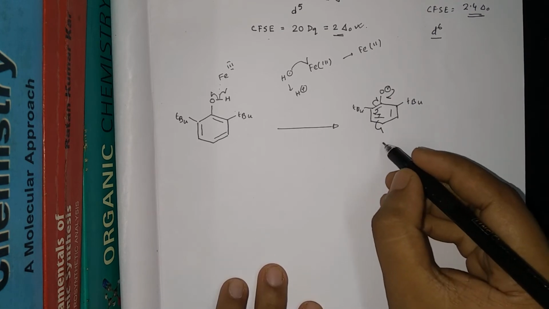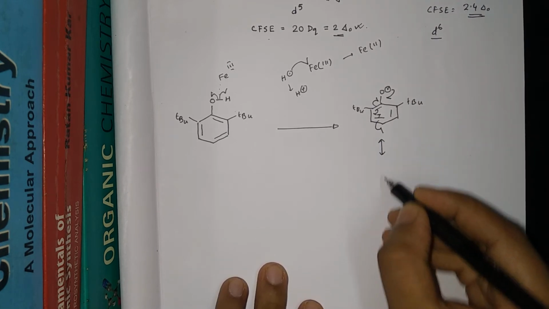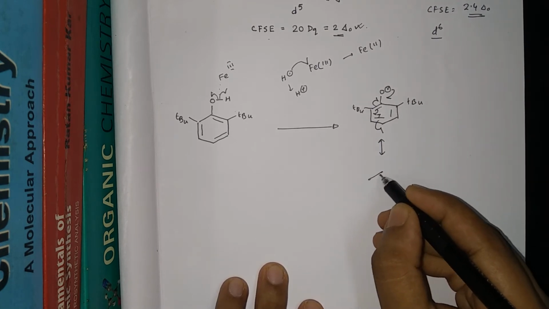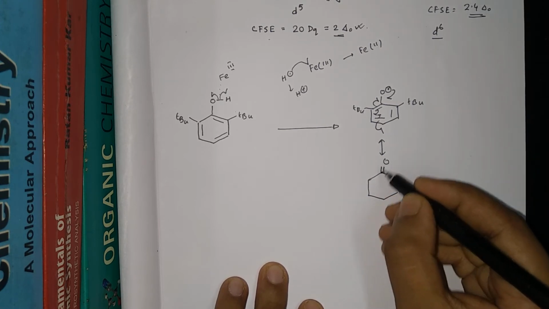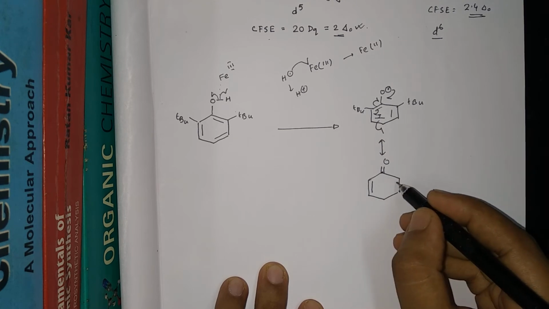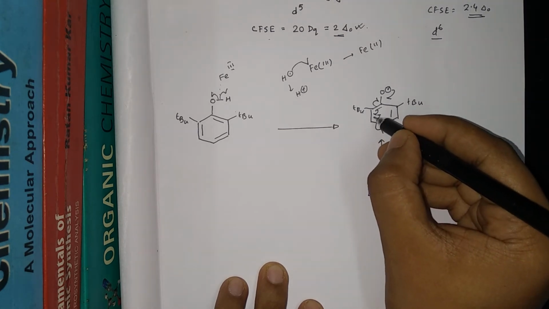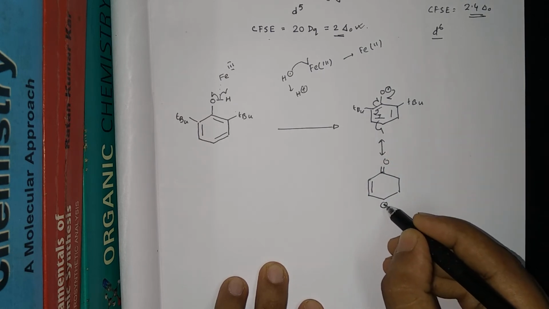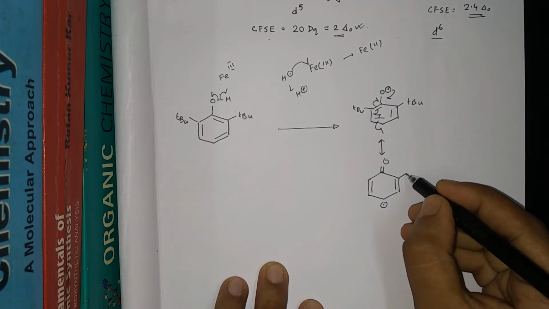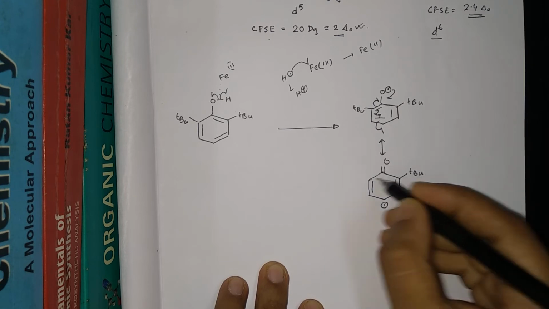So this resonance is possible. In this resonance, a double bond to O will form here. The double bond will come here because this electron comes, and one more electron will come here, so there will be a radical.